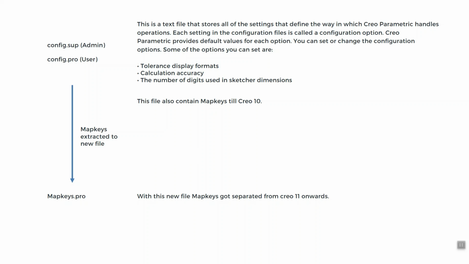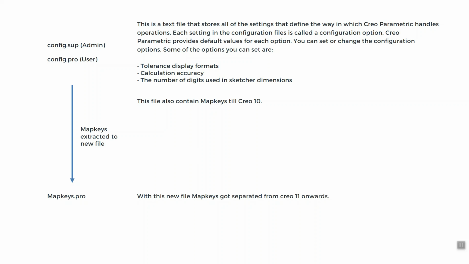The config.pro now contains only config options, as the name indicates. From Creo 11, mapkeys got extracted from the config, and a new file comes into the picture, that is mapkeys.pro. Now the mapkeys you create, save, or use from existing ones will be saved in the mapkeys.pro.